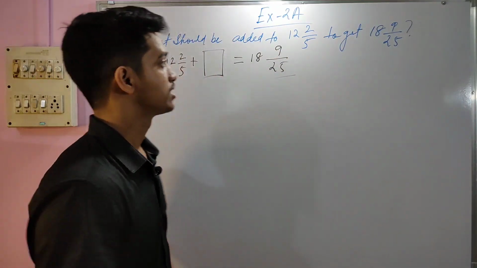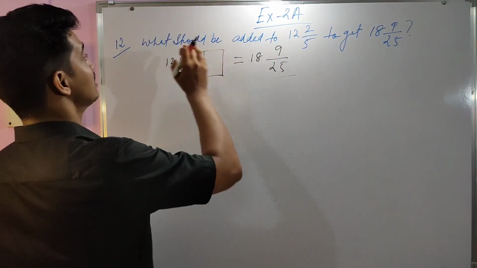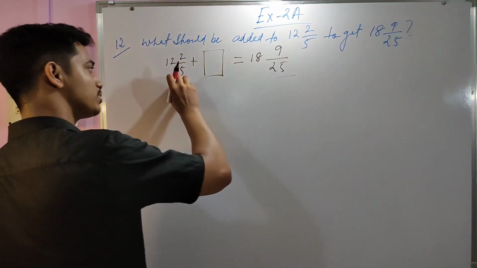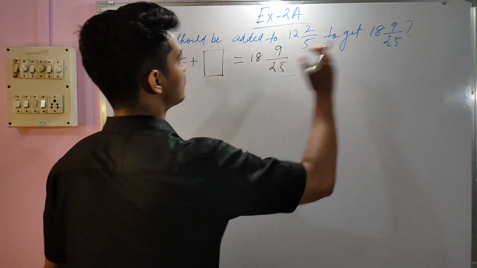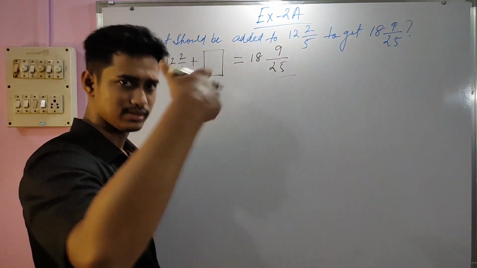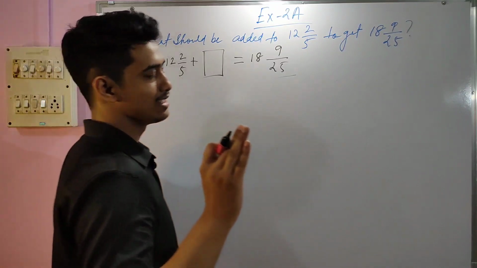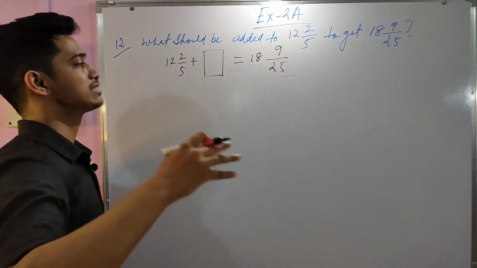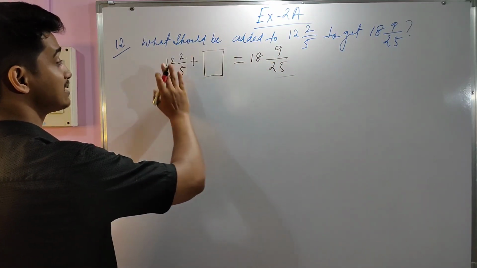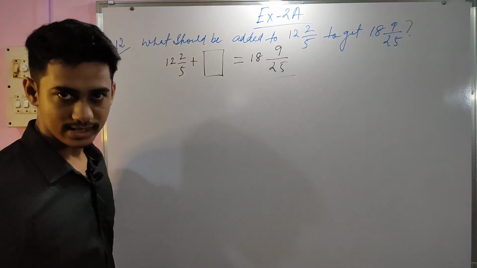So when one number is greater than another number and the question is what should be added to that quantity to convert it into the other fraction, the process is very much the same: we have to subtract this number from this number to get the box, right?